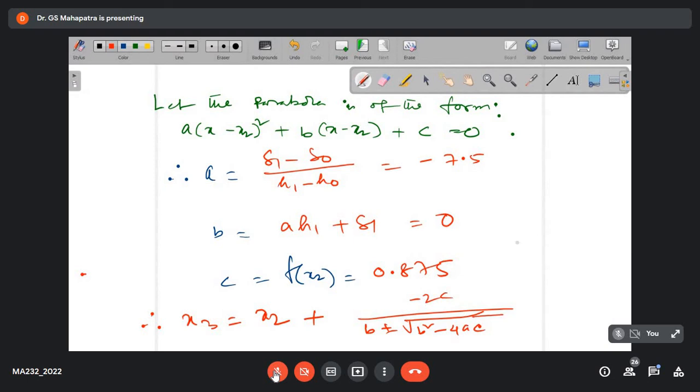Now tell me the first part. So therefore x3 equals x2, and you have considered x2 is 1.5, plus this one. So you know A, B, and C both.